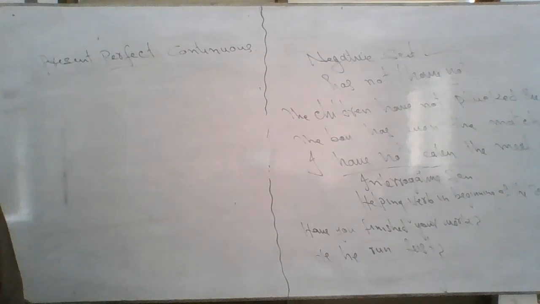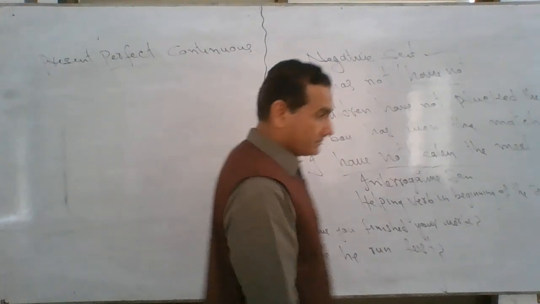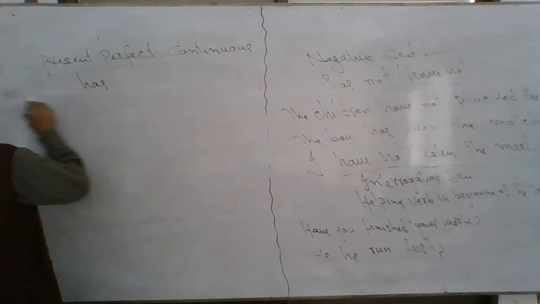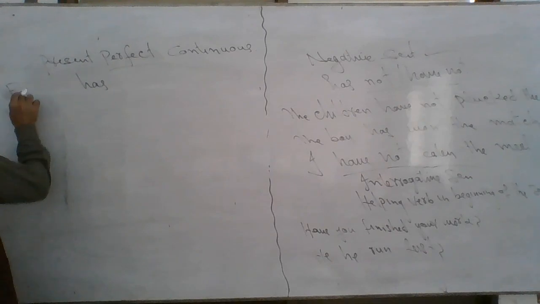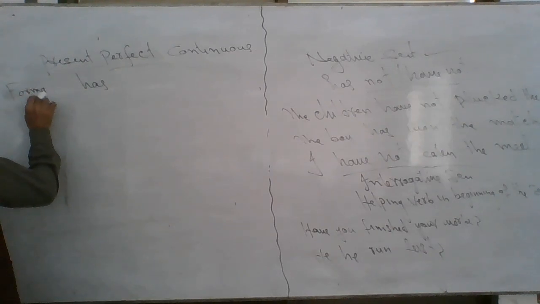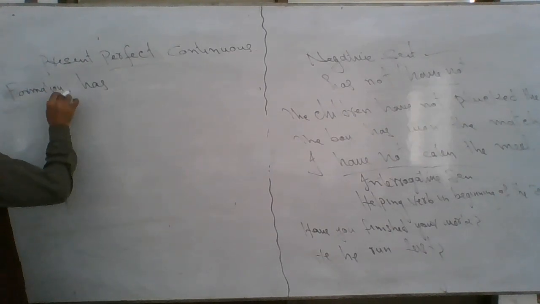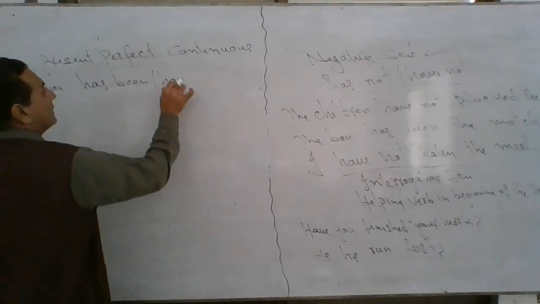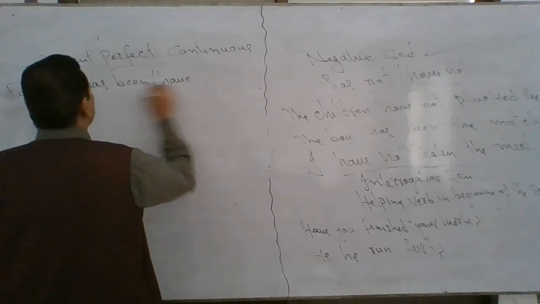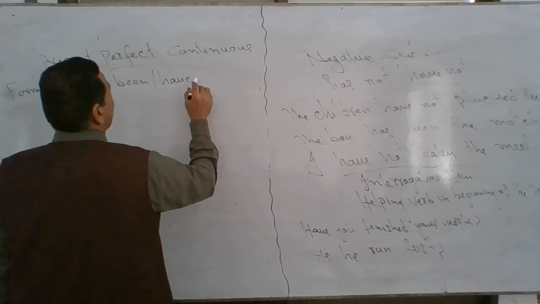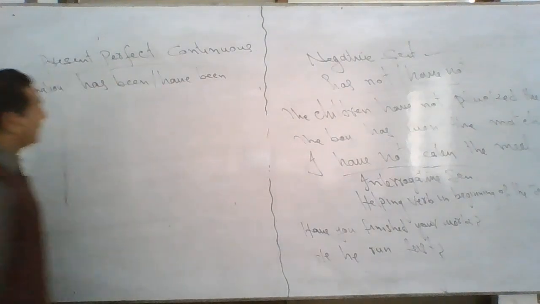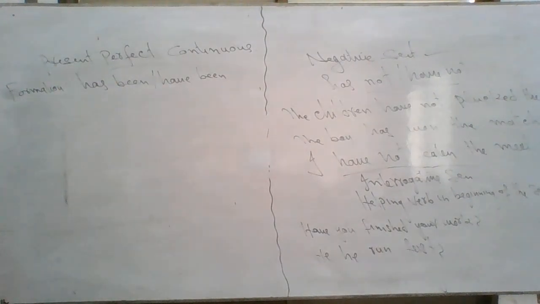Now, for present perfect continuous, the formation is has been and have been, and subject singular and plural. The same formula is there. With singular subject, you are supposed to use has been, and with plural, have been.